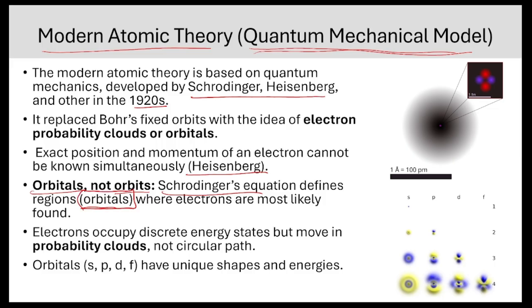An orbital is a three-dimensional region of space where there is a high probability, usually 90%, of finding an electron. So an orbital is nothing but a region in space where the probability of finding the electron is around 90%.